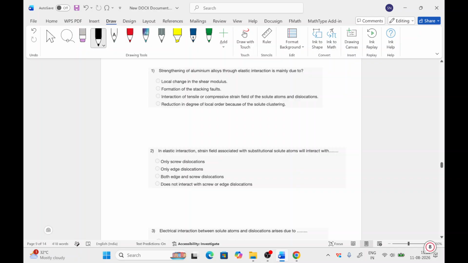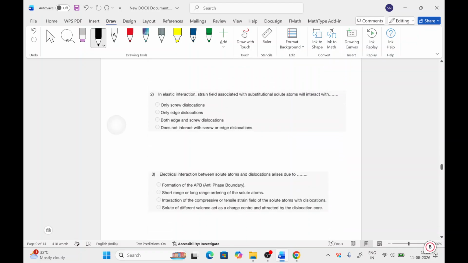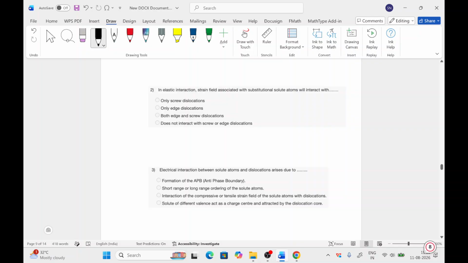So the third option is correct. Second is, in elastic interaction, strain field associated with substitutional solute atoms will interact with. The substitutional atoms interact with the compressive and tensile stress field of edge dislocation. So the second option is correct.